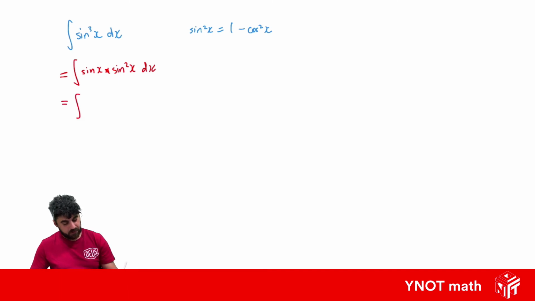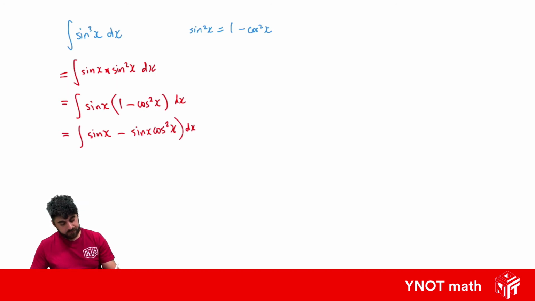So if we do that, we're going to have the integral of sine x times 1 minus cos squared x dx, and we'll go ahead and expand this out. So the integral of sine x minus sine x cos squared x dx.